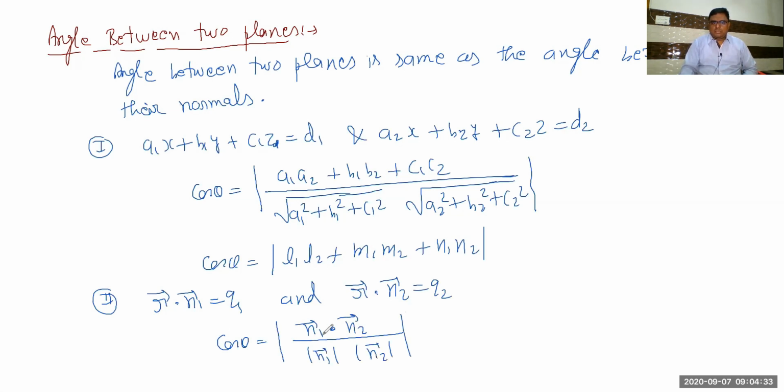What is n1 vector? N1 vector is the normal vector of the first plane and n2 vector is the normal of the second plane. This is Cartesian format and this is vector format.